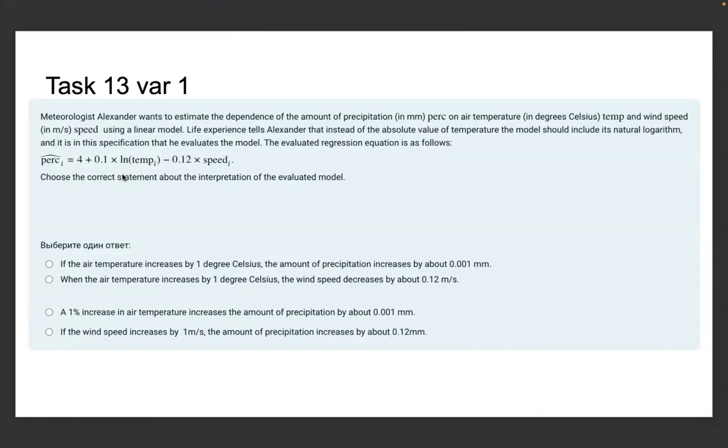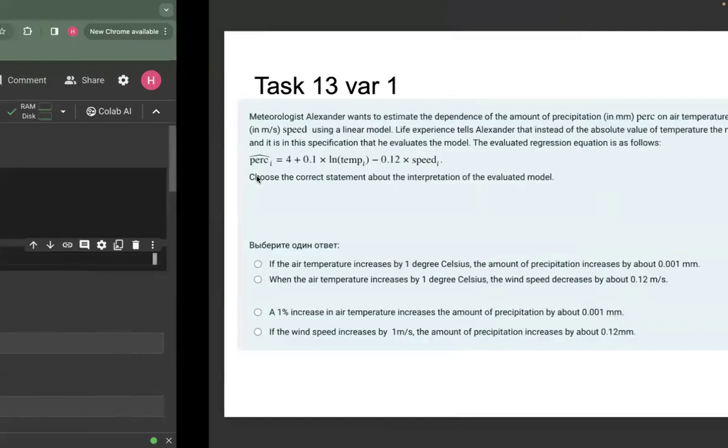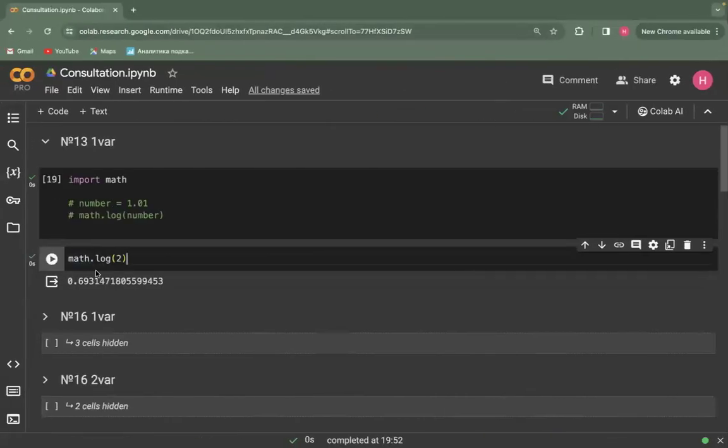So if we want to have a 0.001 millimeter increase, this whole part has to increase by 0.01. So let's just write the code for this part: 0.1 multiplied by the logarithm.